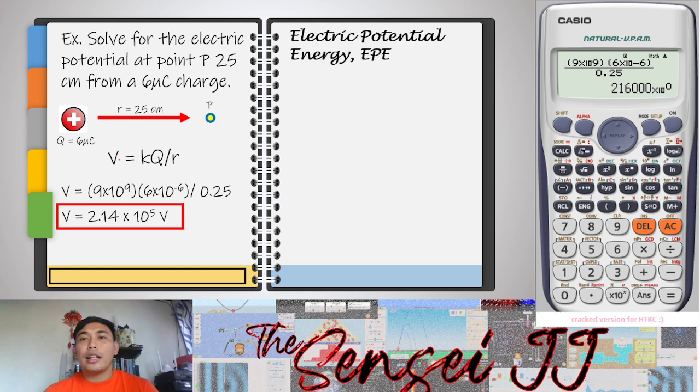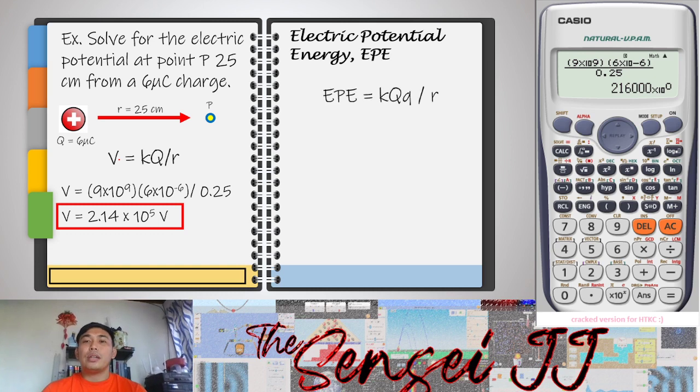Okay. So, we have here our electric potential energy naman of EPE. EPE is equivalent to KQQ all over R. So, the difference between the two is ginamit natin or minultiply natin yung ating isa pang charge sa ating electric potential, and now magiging joules na talaga siya.